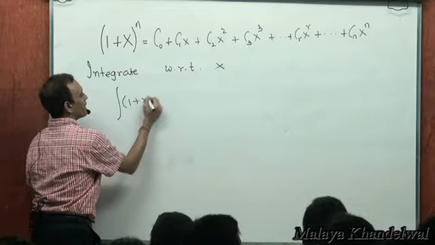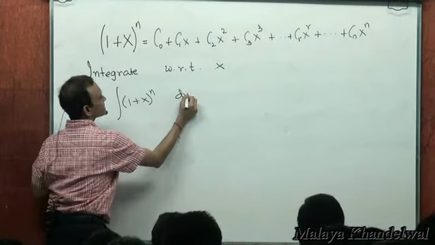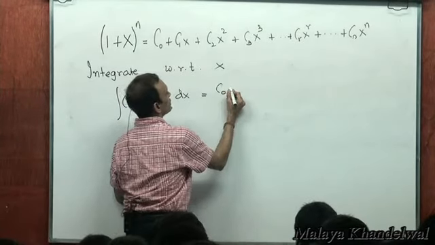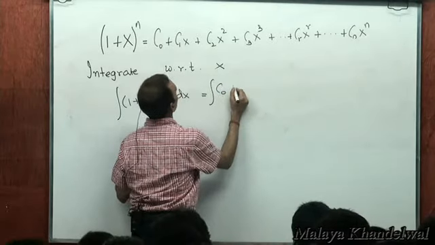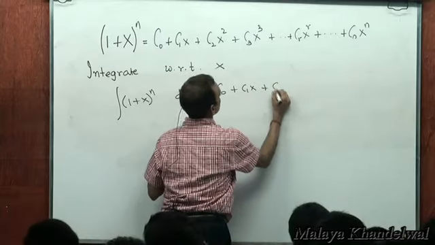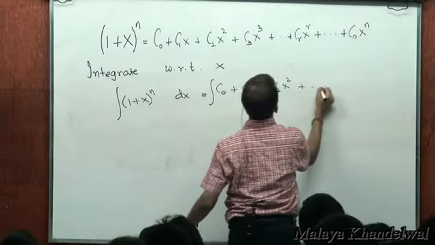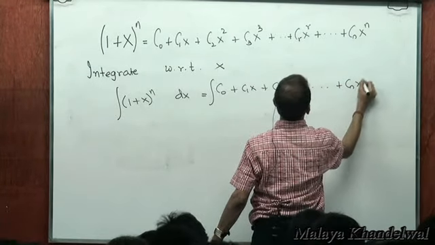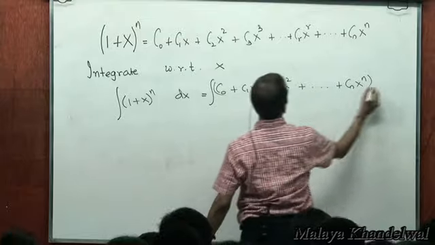The integral of (1 plus x) to the power n dx is the integral of c naught plus c1x plus c2x squared plus ... plus cn x to the power n dx.